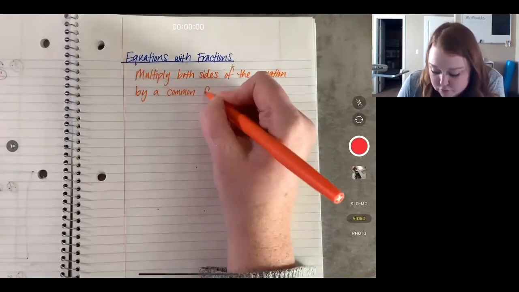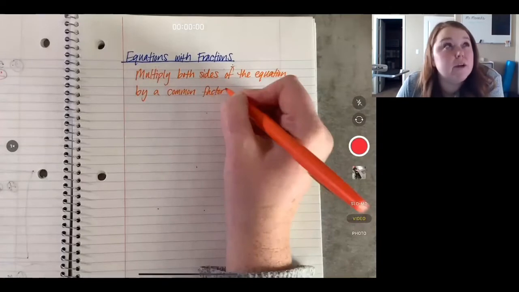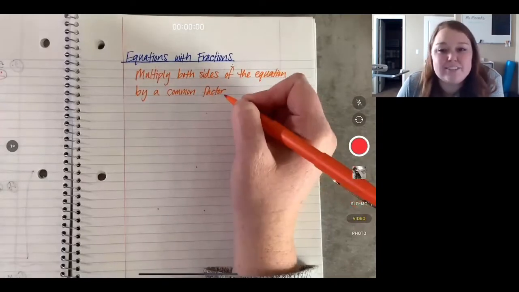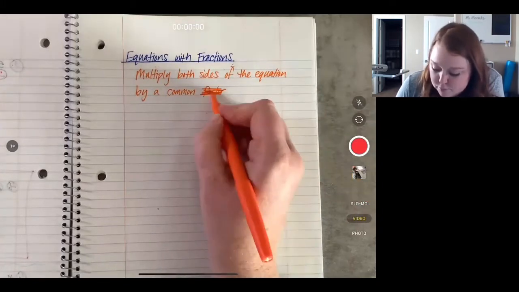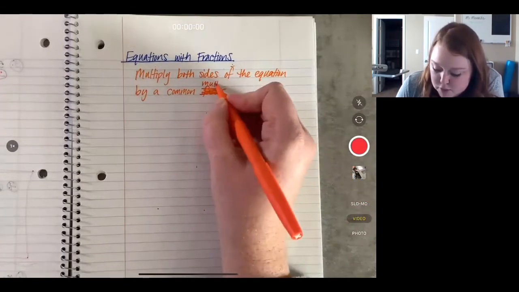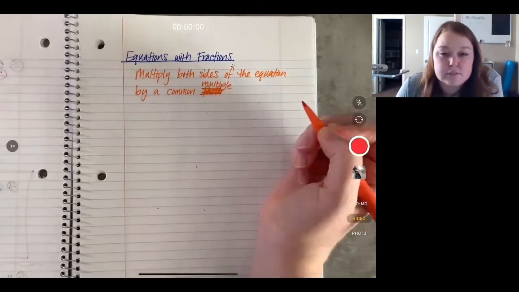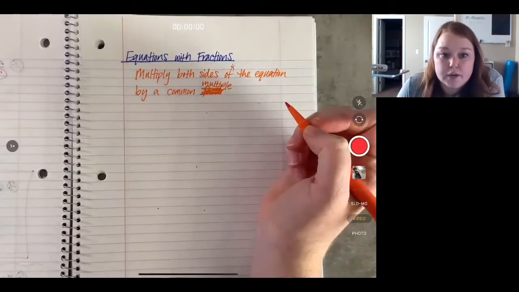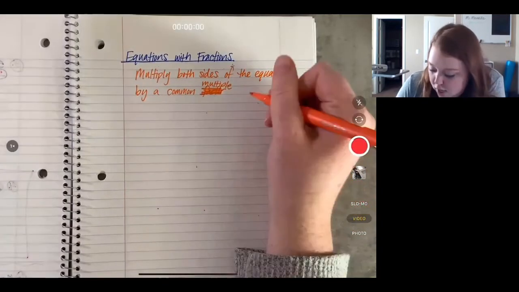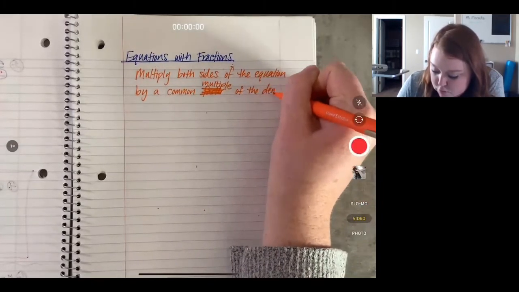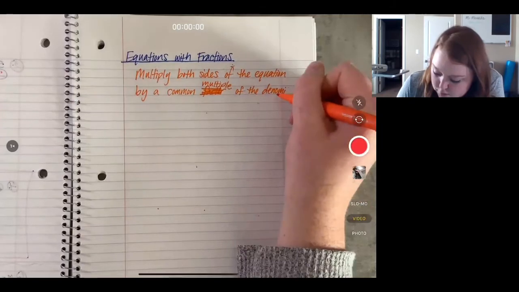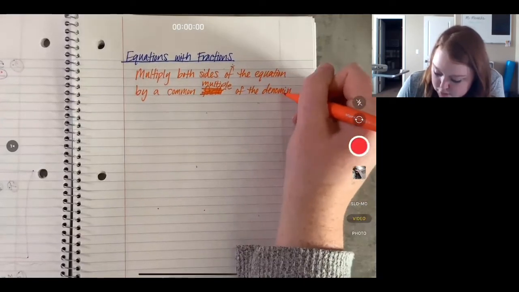factor. Ooh, is factor the right word? It's not. Dang it. Multiple. That's the word I'm looking for there. Common multiple of the denominators.